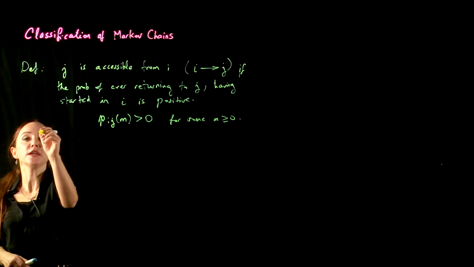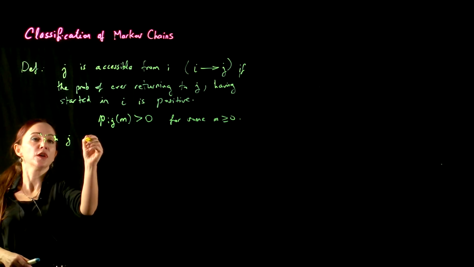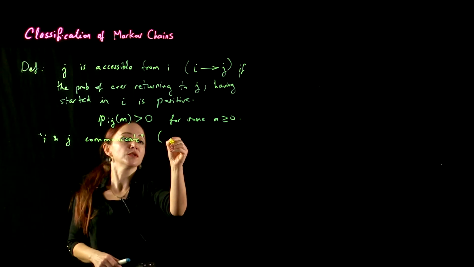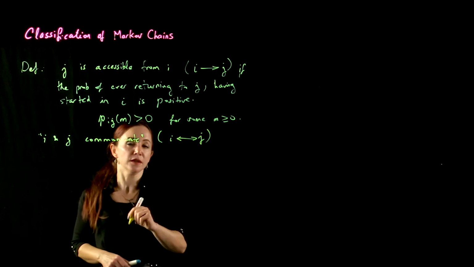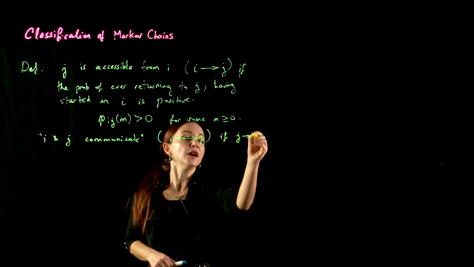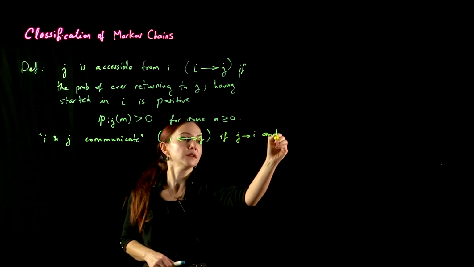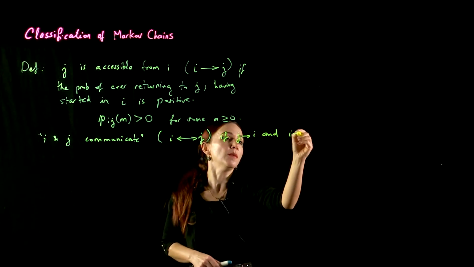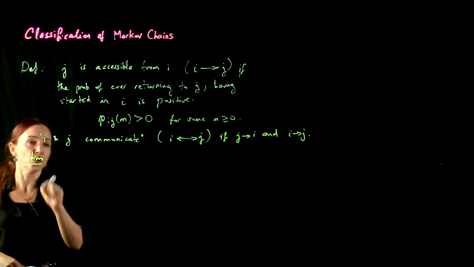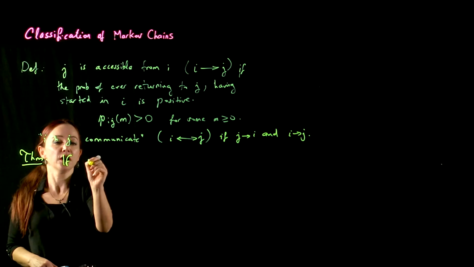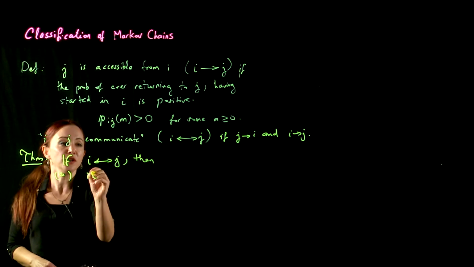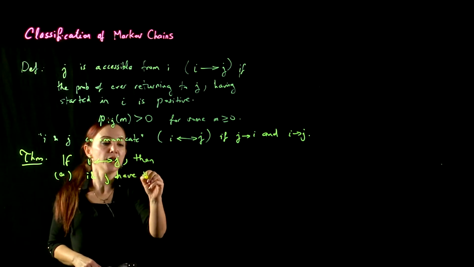Okay. Now states I and J communicate, denoted as I ↔ J, if I is accessible from J and J is accessible from I. A consequence of this definition is that if I and J communicate, then A, I and J have the same period.